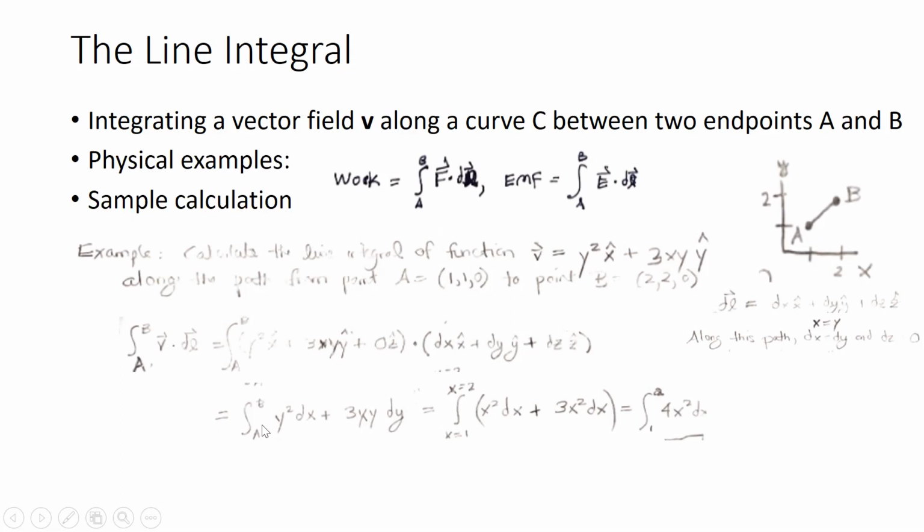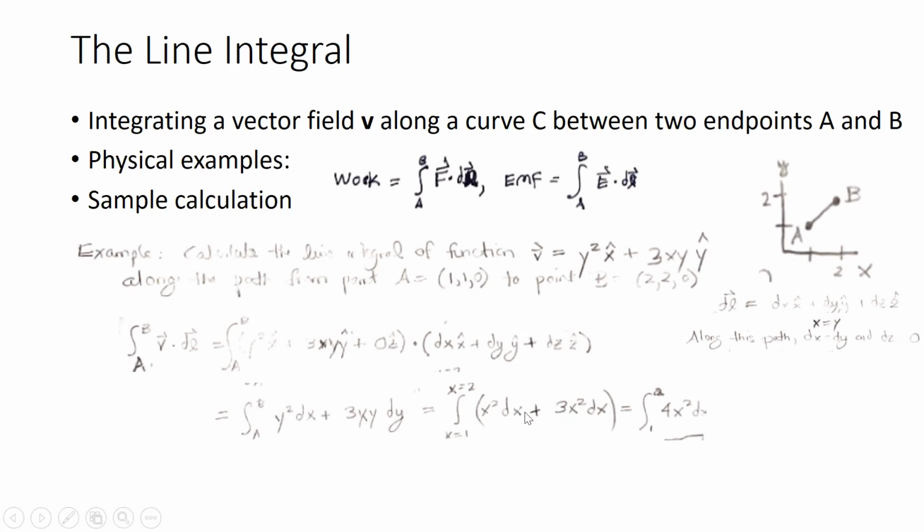So we can substitute x for y, and so we get x squared dx here. And the integral then runs from x equal 1 to x equal 2, point A to point B along the x direction.